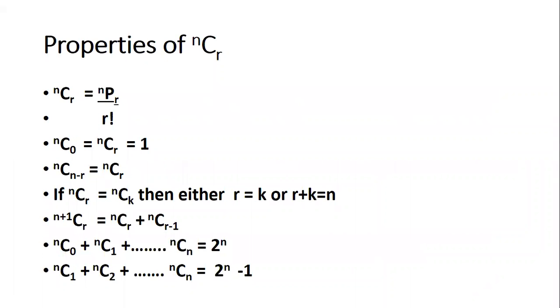Now, properties of combinations. This is also very important because we will be using all of these properties in solving the questions. You just have to remember, there is no other way here. You just have to remember all of them. So nCr is equal to nPr by r factorial. Suppose in a question they have given you the combination nCr value, and they're also talking about the permutation value.